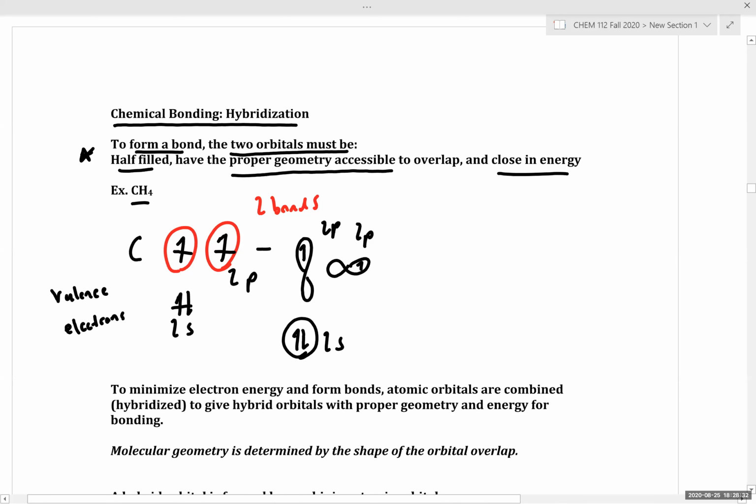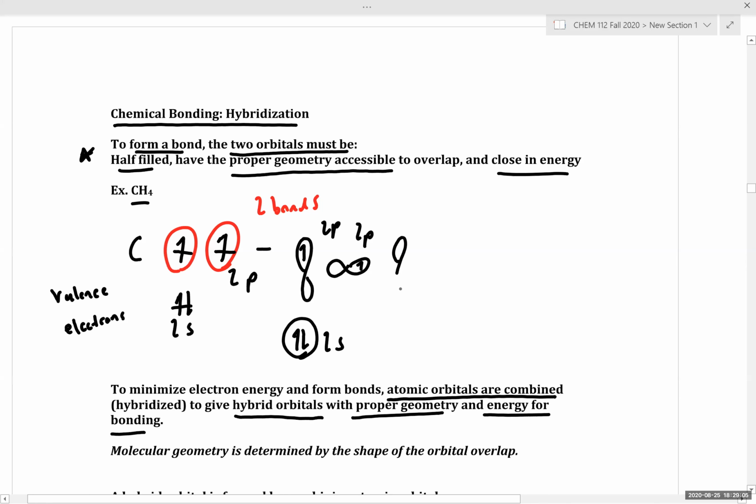This 2s orbital is geometrically not very convenient for forming chemical bonds. So what we're going to do in hybridization is combine our atomic orbitals to give hybrid orbitals with an optimized geometry and energy for chemical bonding.